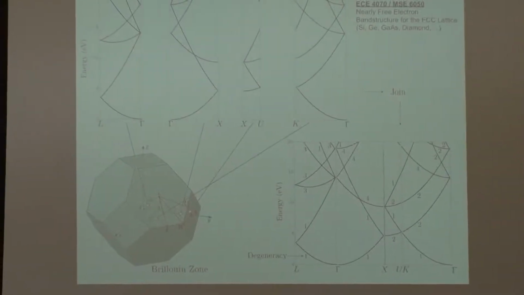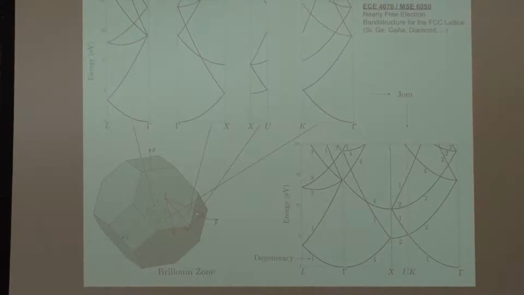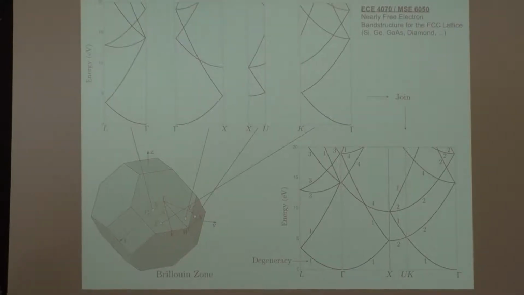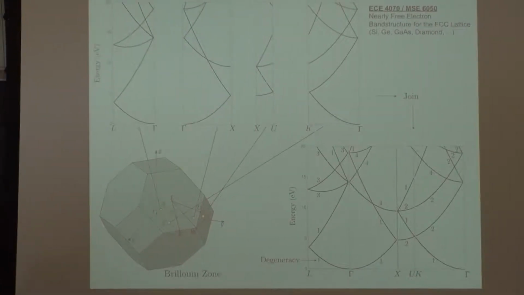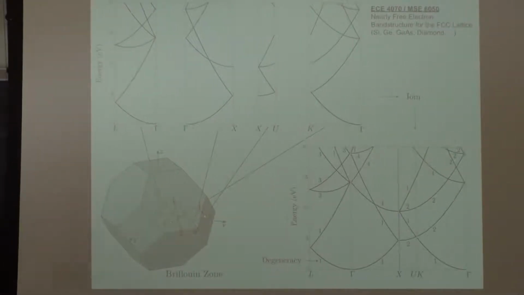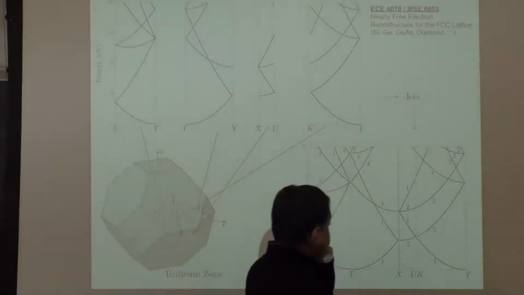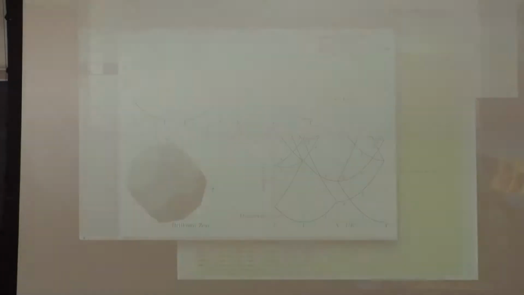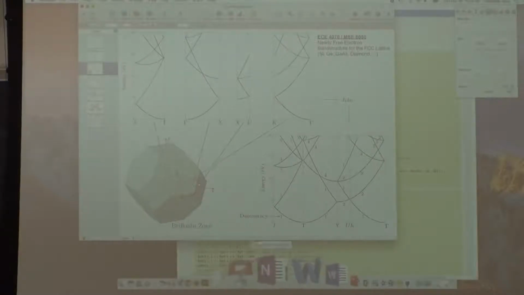I'm not going to post the mathematical solutions because I really want you to do it and be able to get to the final form of the band structure. But let me just say that for the semiconductors of high interest, such as silicon, germanium, gallium arsenide, diamond, they all have this FCC crystal structure, and the crystal structure has a cubic symmetry.